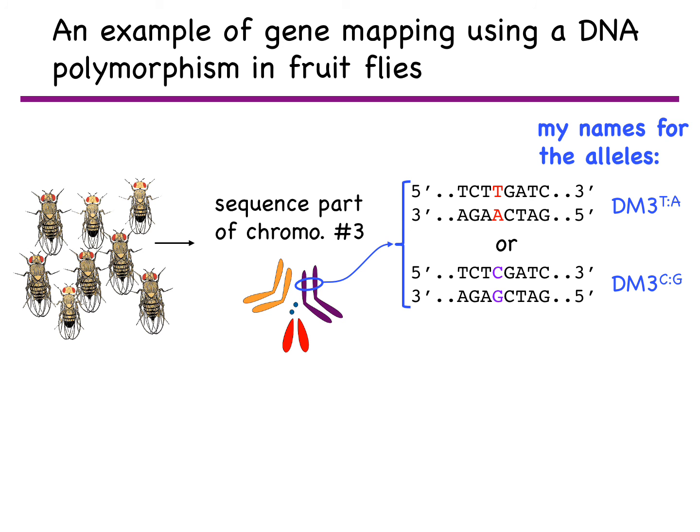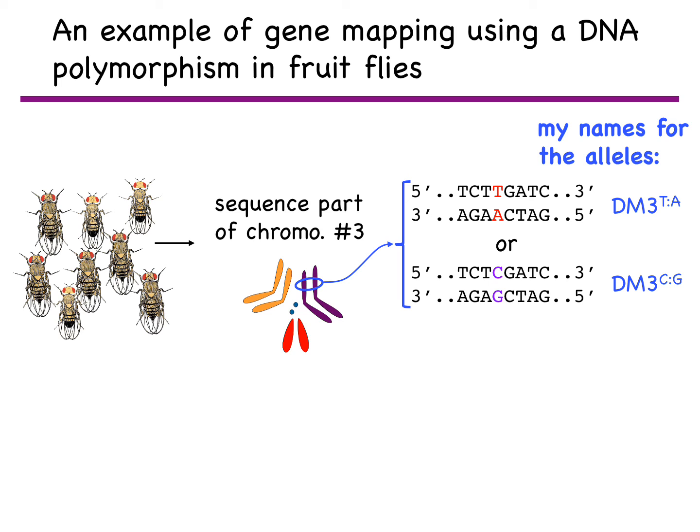Okay, so again, I'm going to use an example of gene mapping using a DNA polymorphism in fruit flies. Let's say we sequence a small part of chromosome number 3 from fruit flies, and you find that the two homologs of chromosome number 3 have a single nucleotide polymorphism. In other words, a site where one nucleotide is different on the two homologs, and one of them has a TA base pair and the other one has a CG base pair.